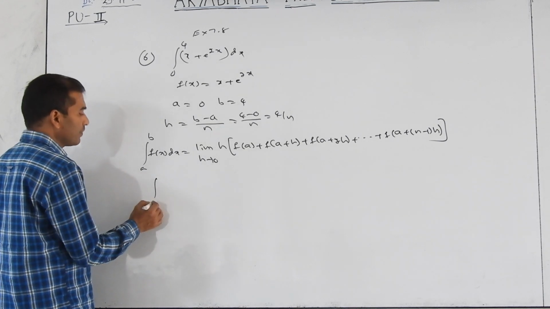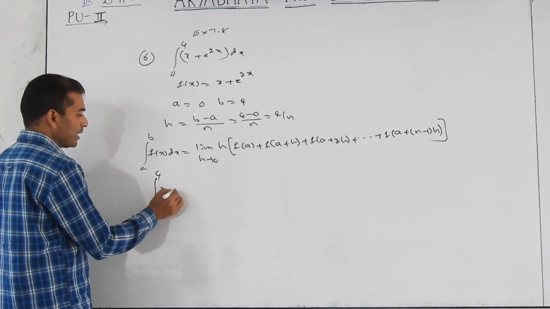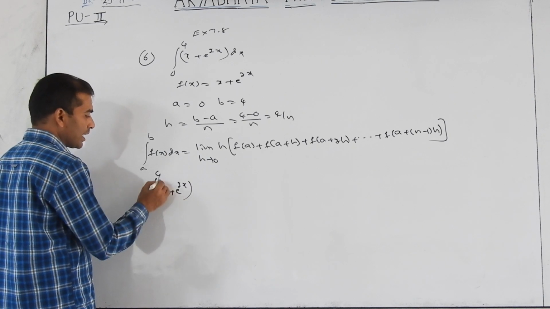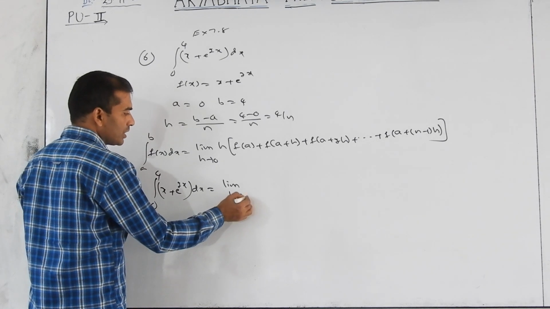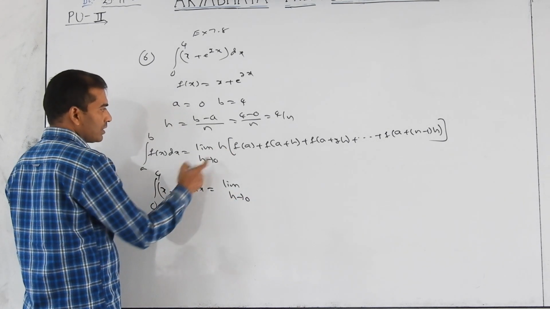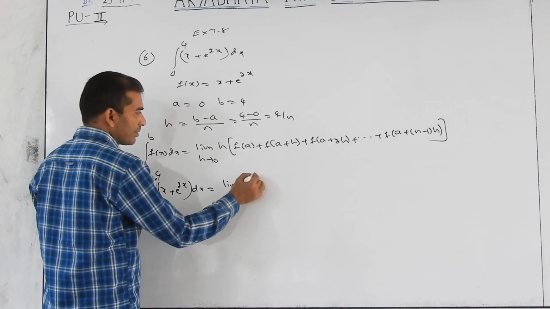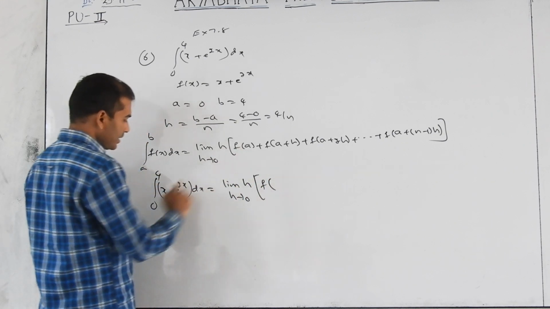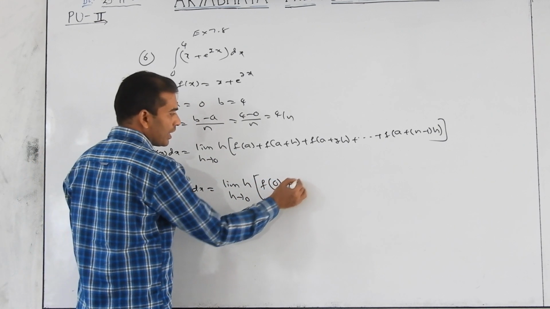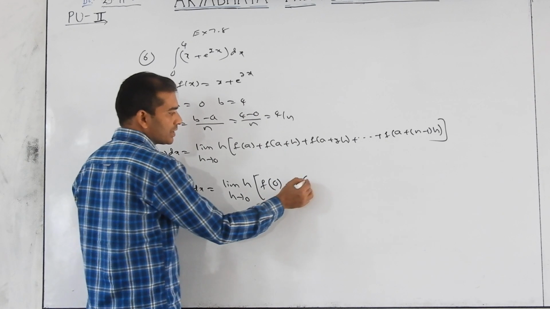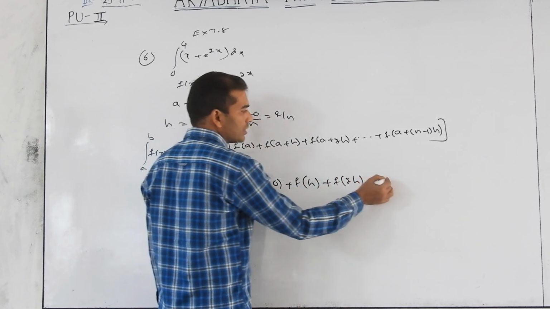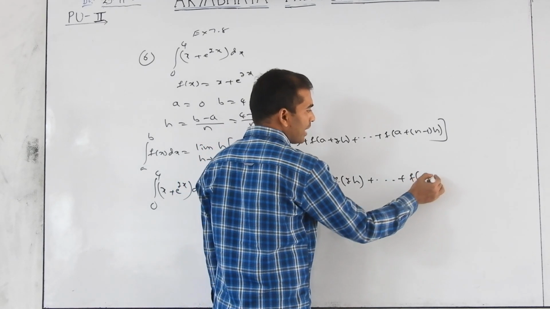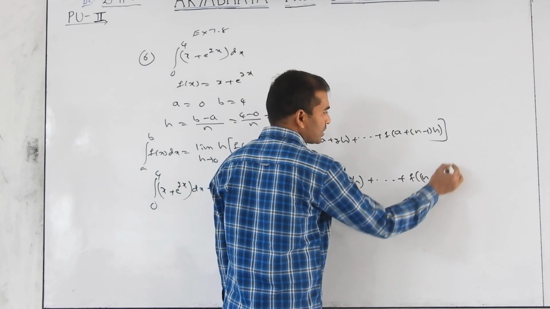Now the integral from 0 to 4 of x plus e power 2x dx is equal to the limit as h tends to 0 of h into [f of 0, f of h, f of 2h, and so on, f of (n minus 1) into h].